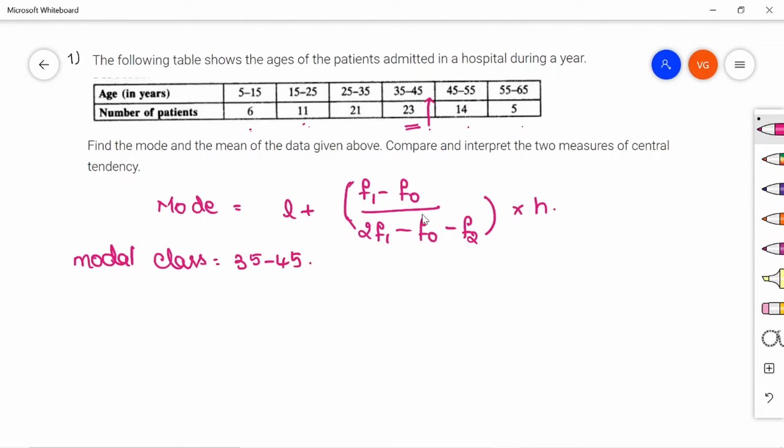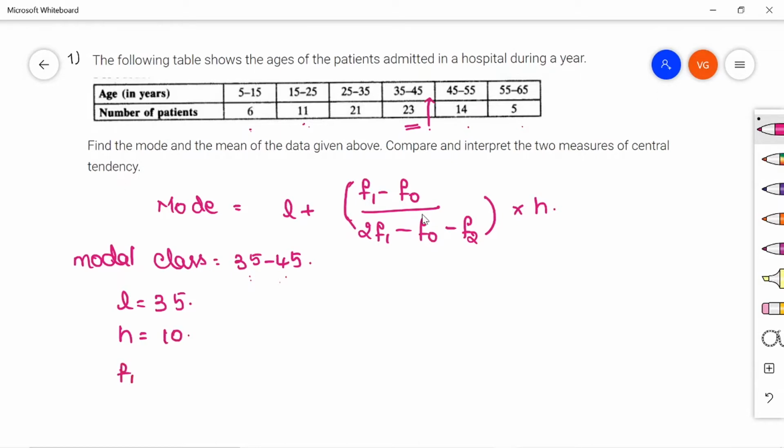Now we will write the values of L, F1, F0, F2 and H. L is the lower limit of the modal class, so that is equal to 35. Then height H is the size of the modal class interval, so 35 to 45, 45 minus 35 is 10.